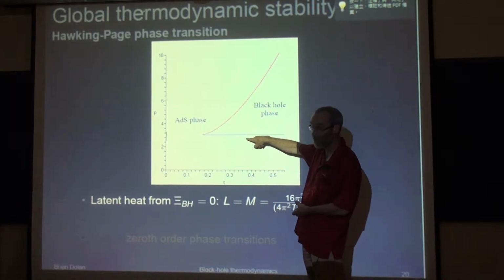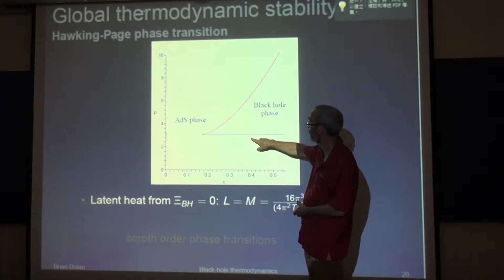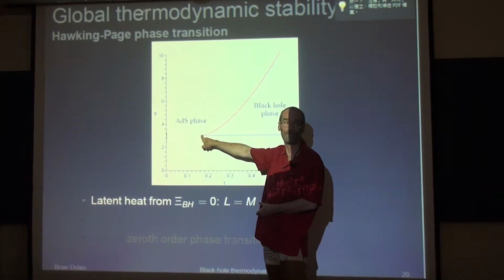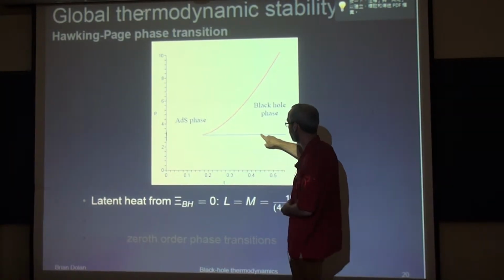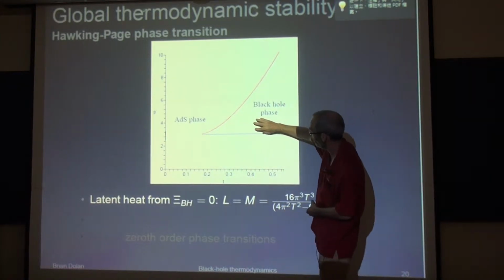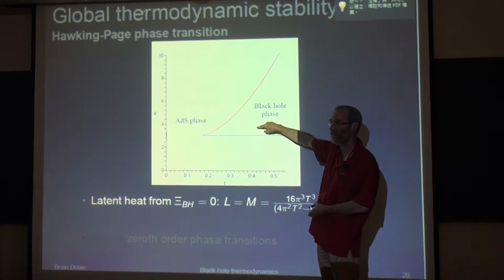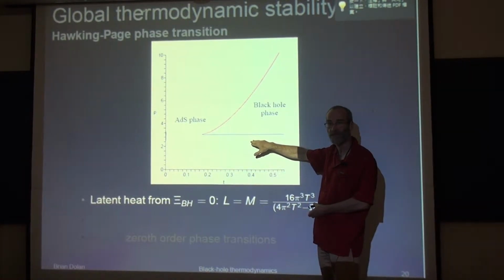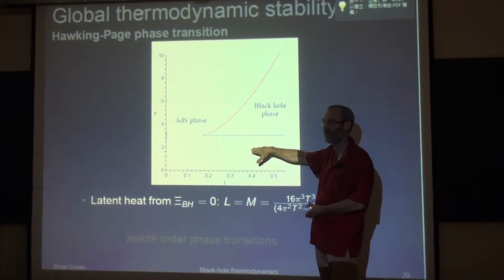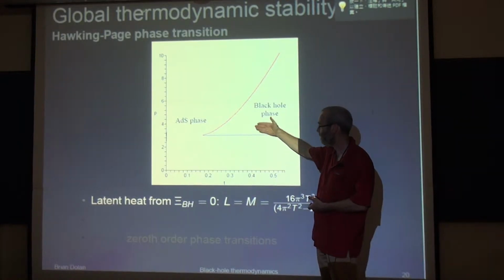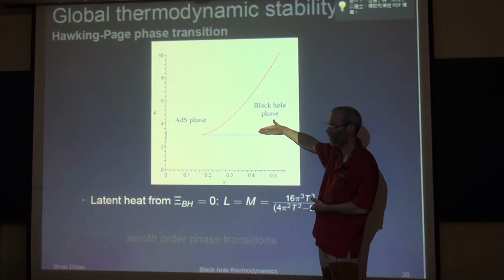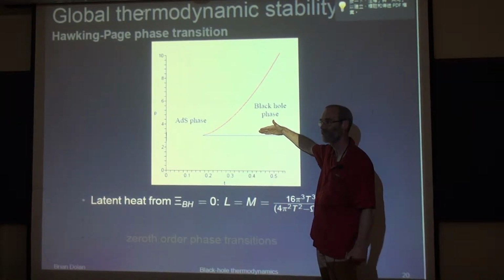But if you could cross this line, something very interesting happens. The latent heat of this first order phase transition diverges at this point. And what happens on this line here is that above this line, the Gibbs energy of the black hole is negative. Below this line, the Gibbs energy of the black hole just isn't defined. It becomes complex. So the Gibbs energy of the black hole is negative, and it decreases and decreases until you get to this point, and it just disappears.